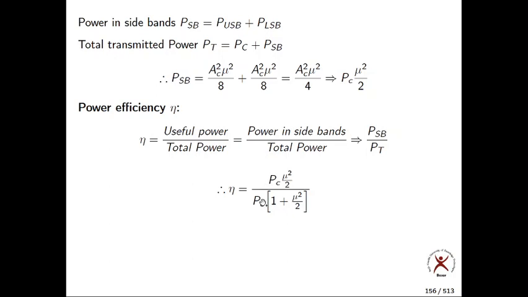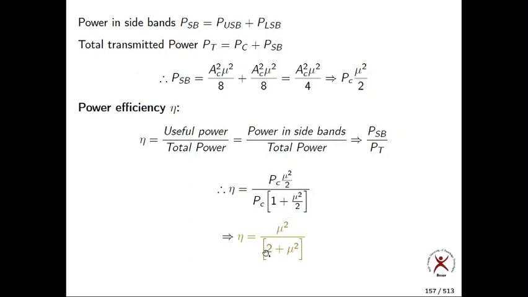Power in sidebands is Pc into mu square by 2, that is the numerator. Total power is Pc into (1 plus mu square by 2). If you solve this, Pc cancels in the numerator and the denominator. You are left with mu square by (2 plus mu square).